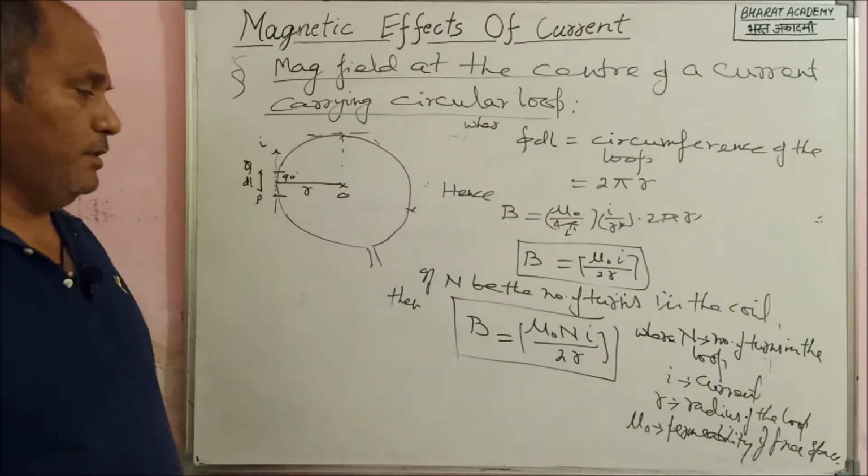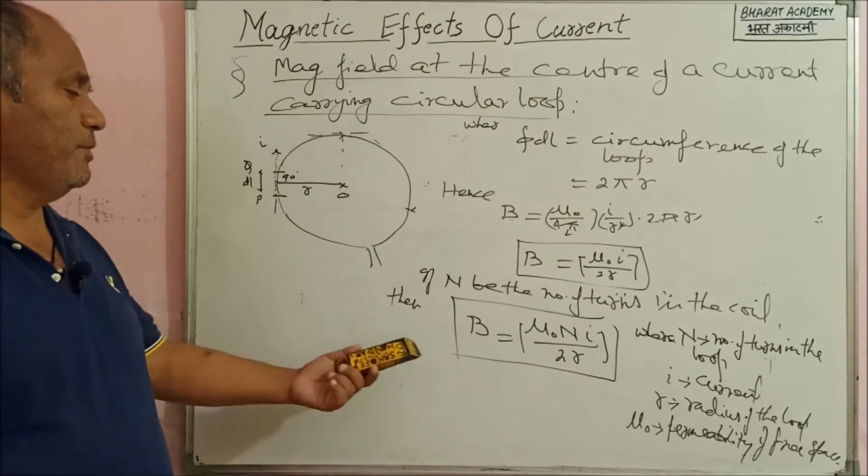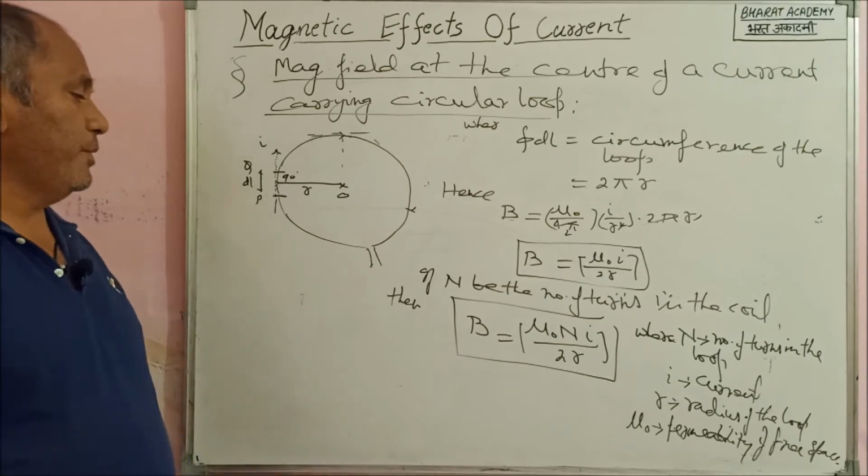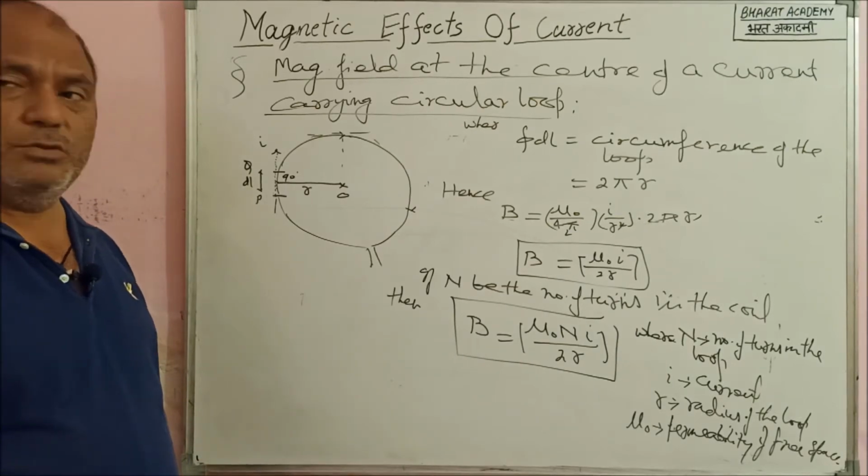Right? So a very simple formula. Most of the time it is used for the numericals. So one has to know this formula: B equal to mu 0 N I by 2r.